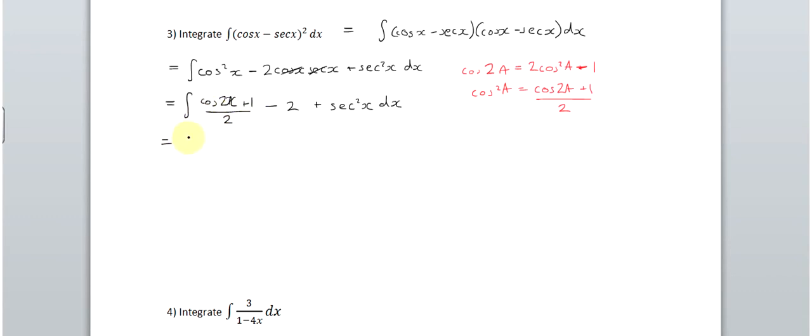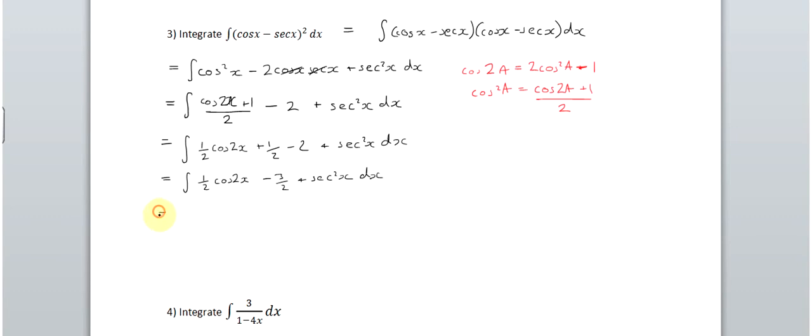We've got the integral of a half cos 2x plus a half minus 2 plus sec squared x with respect to x. And that can simplify further: a half of cos 2x minus 3 over 2 plus sec squared x dx.